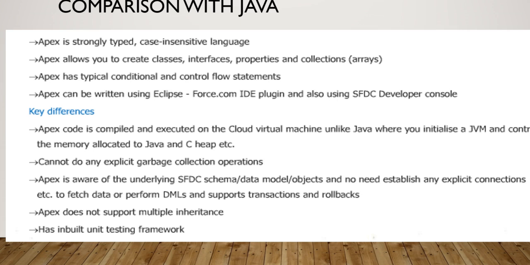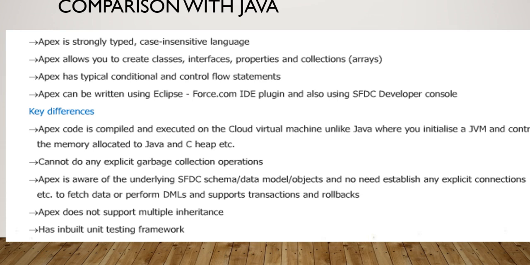In Java, for example, to connect to the database, you need a JDBC connection or a Hibernate connection. Apex does not need anything like that. It is aware of the underlying Salesforce schema, data model and objects. You don't need to create or reset any connections. In addition, it also supports DML, transactions and rollbacks.